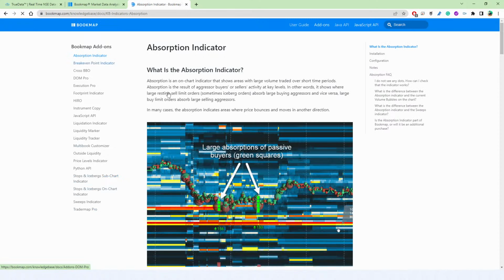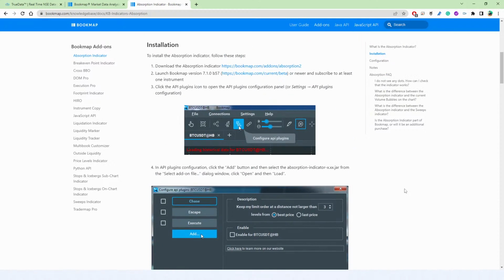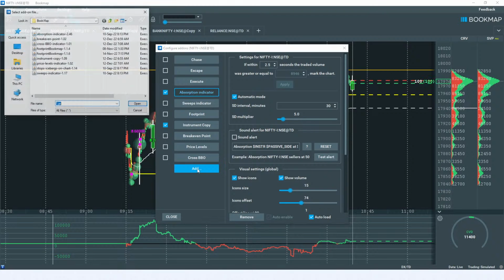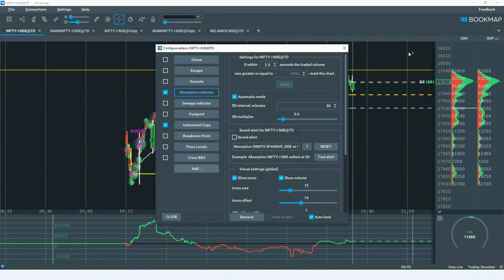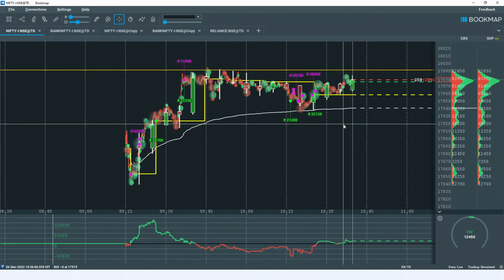If I click on that, you will get the immediate information of what this particular tool does. Then you have a download absorption indicator option here. Using this link, you need to download the file, and the same file you need to import here by clicking add and import option in the configure add-on option. All right. Cool. Markandeya is using pro version.